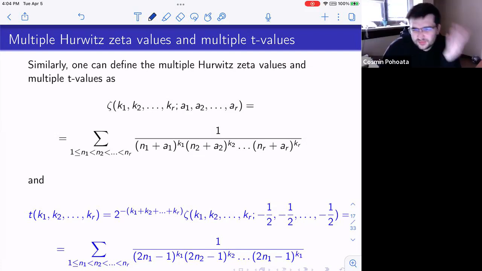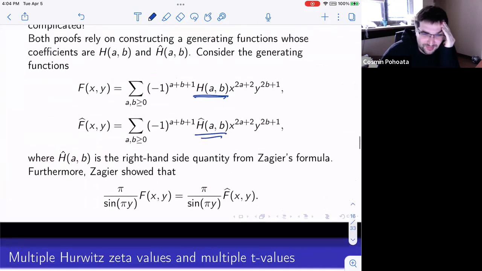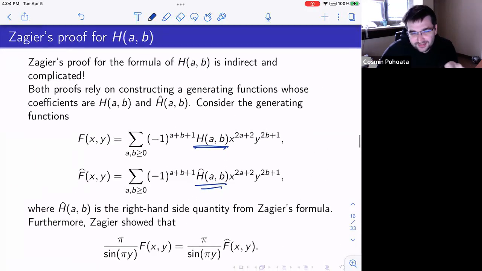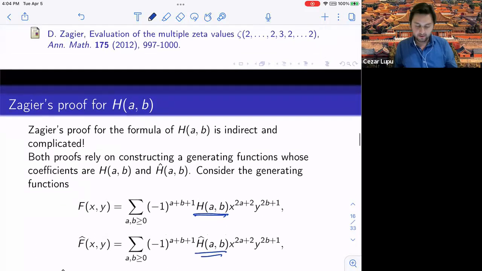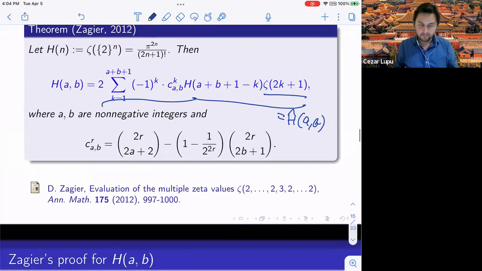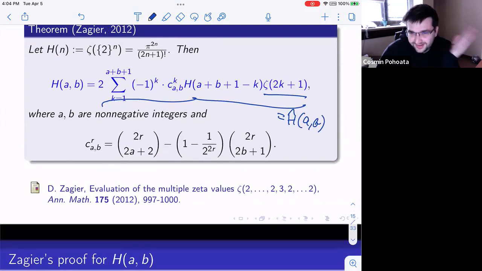Can you go back to the previous slide? I'm going to ask a stupid question probably. So H hat is the right hand side in Zagier's, this one here. But Zagier didn't know what the right hand side was, right? Brown didn't conjecture this formula, right?